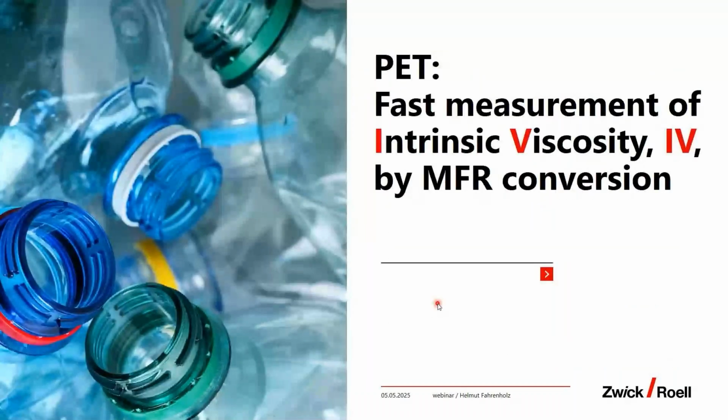Another thing that you can do when using such melt flow instruments is the fast measurement of intrinsic viscosity, meaning the IV value. So this is something normally you do with an open load viscosimeter in a polymer which has been solved in a solution.